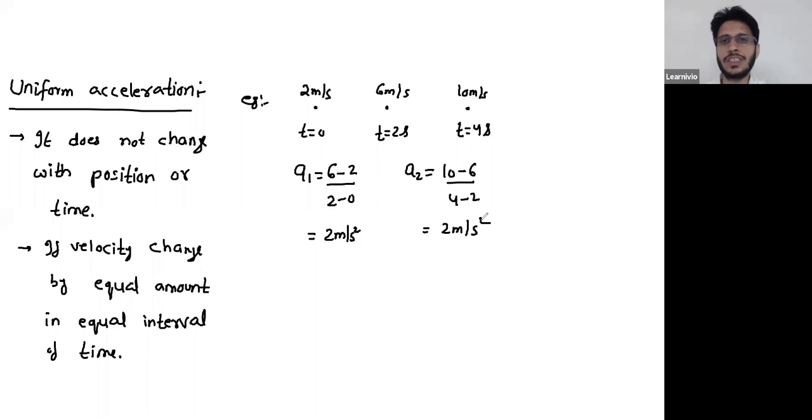So if velocity changes uniformly, then acceleration is uniform. Sania, if velocity is constant, then acceleration is 0. Good. Just note it down, then we'll do non-uniform acceleration.